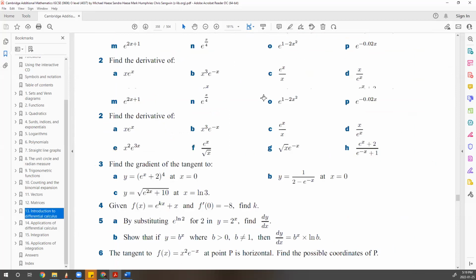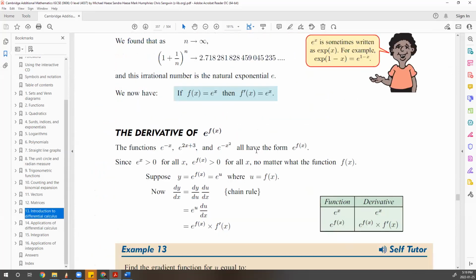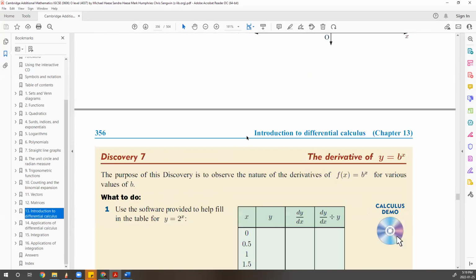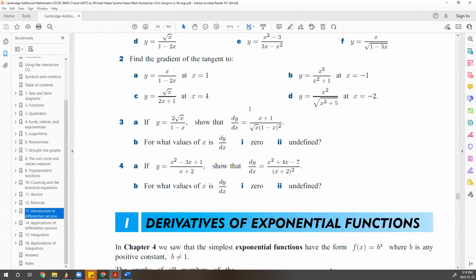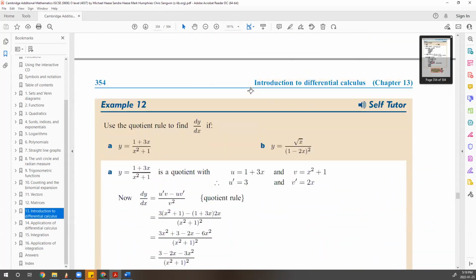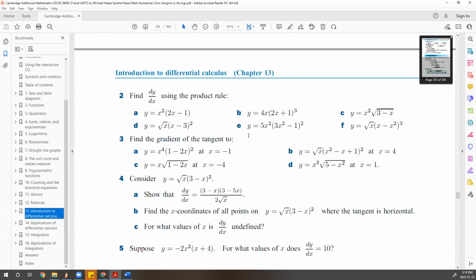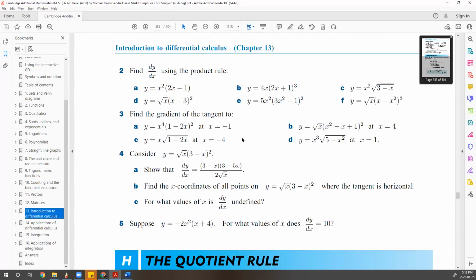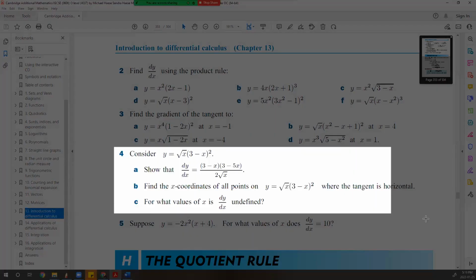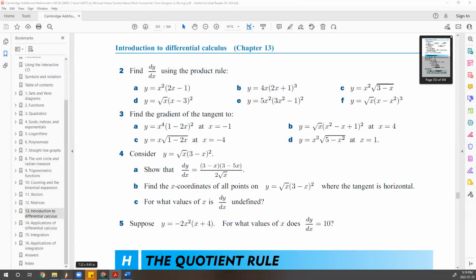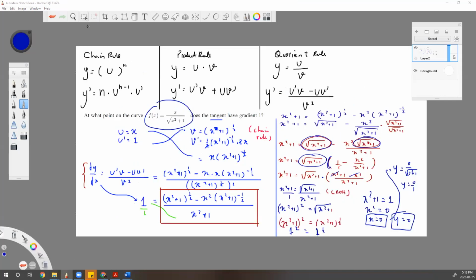Yep. Wait. 13G number 4. Ah, I see. So I don't want to erase the top side.